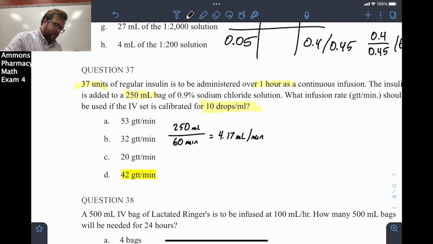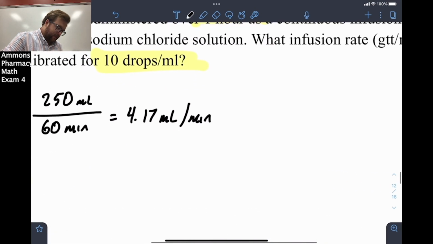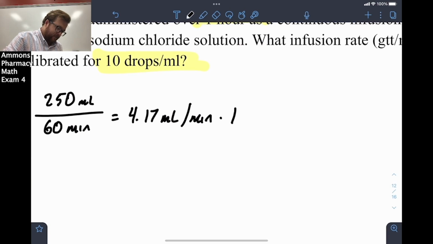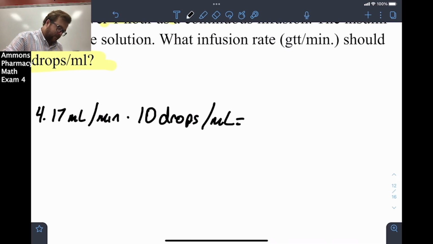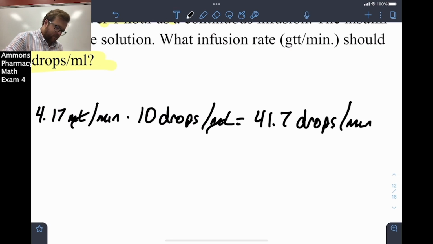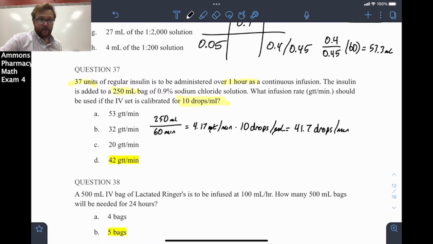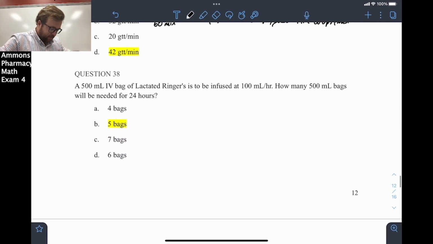Okay, that's mils per minute. I have a conversion of drops per mil. So that turns into 41.7 mils canceled, drops per min. Another one, saved by multiple choice.